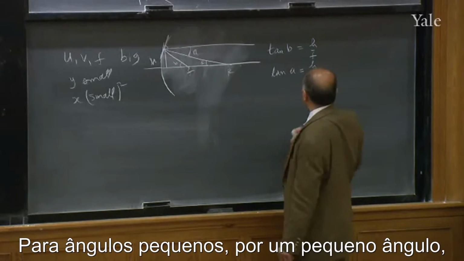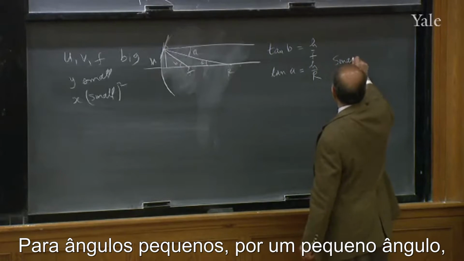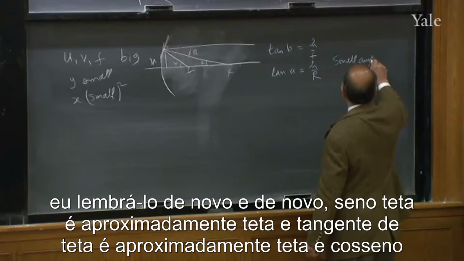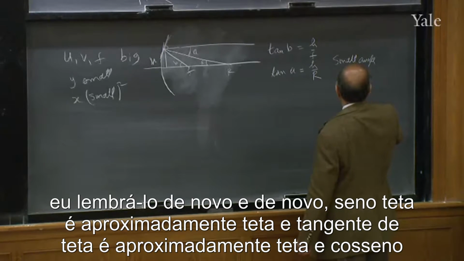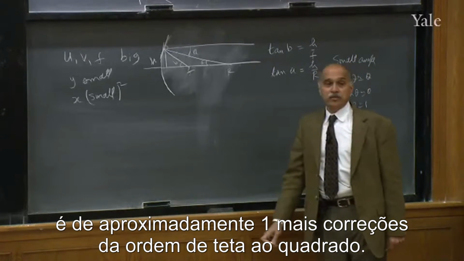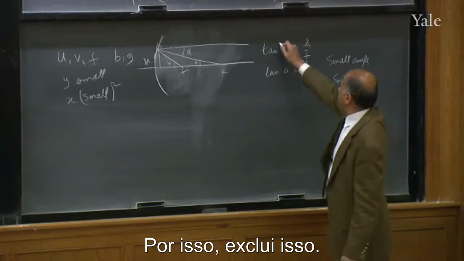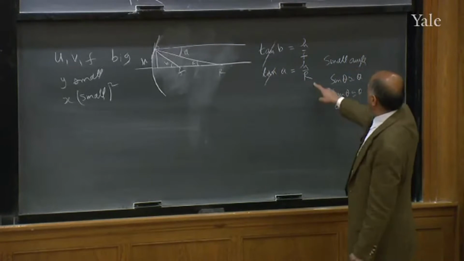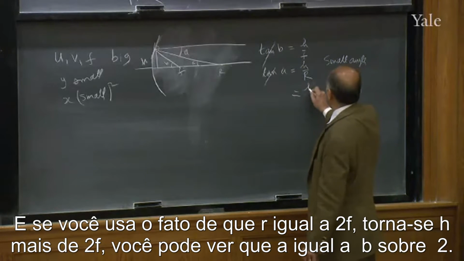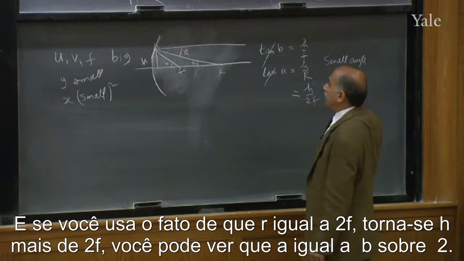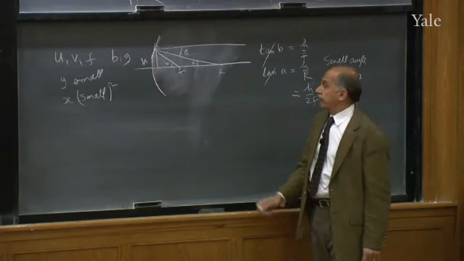For small angles, I remind you again and again, sine theta is roughly theta, and tan theta is roughly theta, and cos theta is roughly 1, plus corrections of order theta squared. So we delete the tan. And if you use the fact that r is equal to 2f, this becomes h over 2f, you can see that a is equal to b over 2.